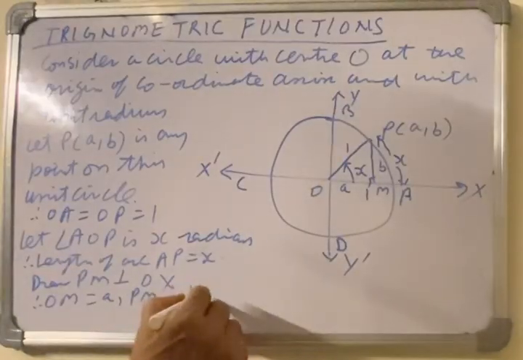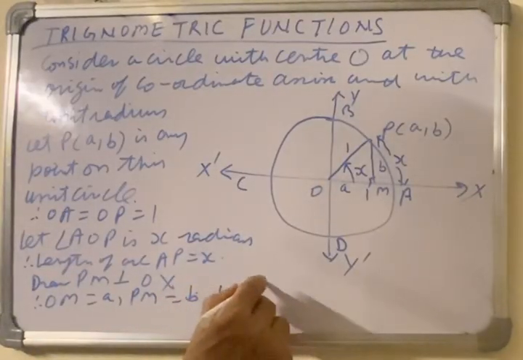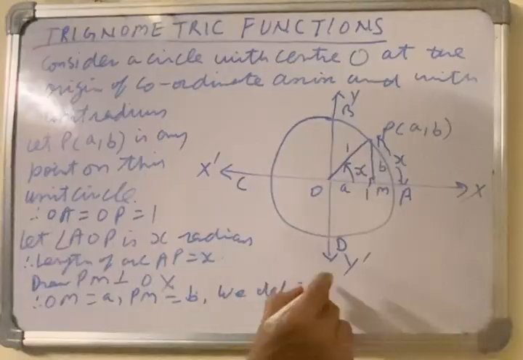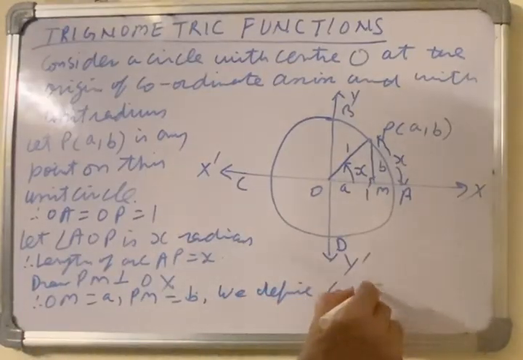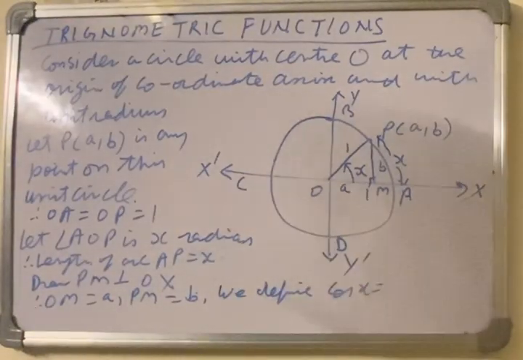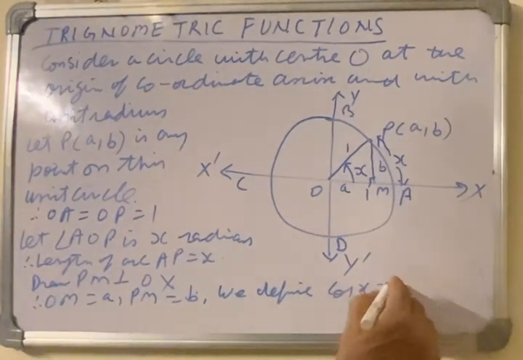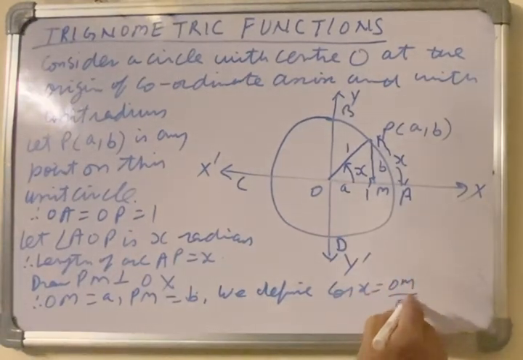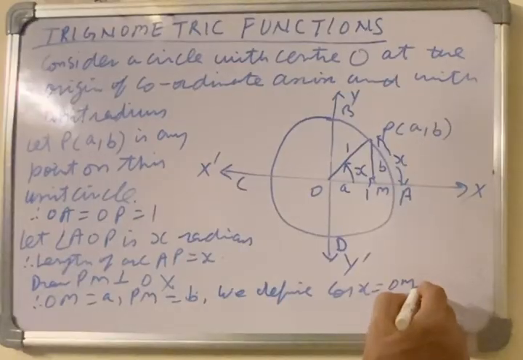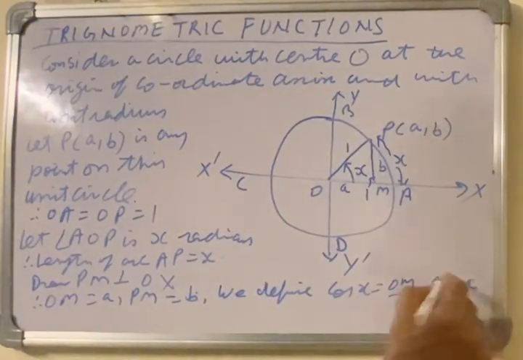So we define cos x is equal to OM over OP, base over hypotenuse. OM is a, OP is 1, so it is a.